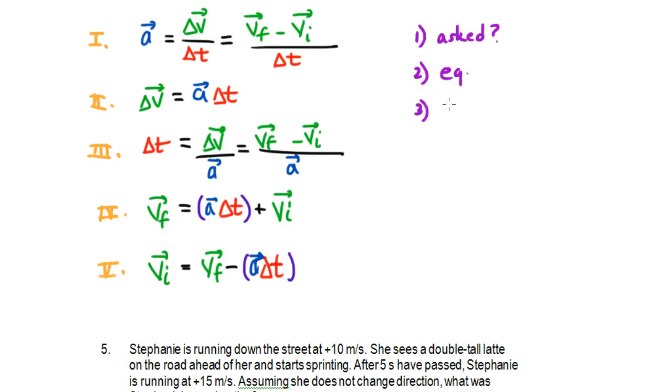The third thing is you want to find out what is given in the problem. The fourth step is you want to plug in or substitute, with units. Let me put that in big letters. With units. And then the fifth is solve, or use your calculations.